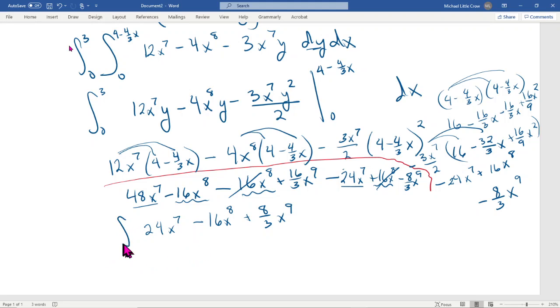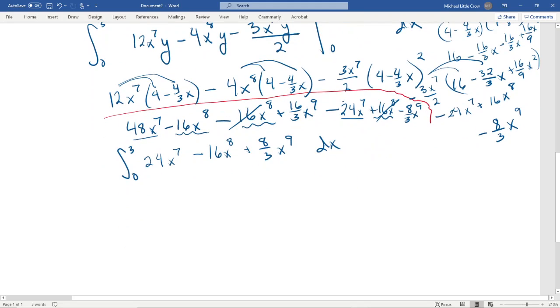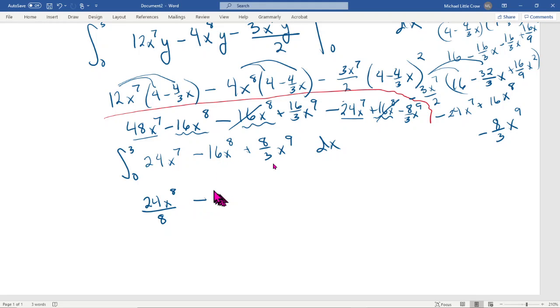Okay, and we still have the last integration to do in terms of dx. And so we integrate each of these, so this is going to become 24x to the 8th, add the 1 to the exponent, divided by 8, minus 16x to the 9th divided by 9, plus 8x to the 10th over 30, right, divided by 10 times 3.